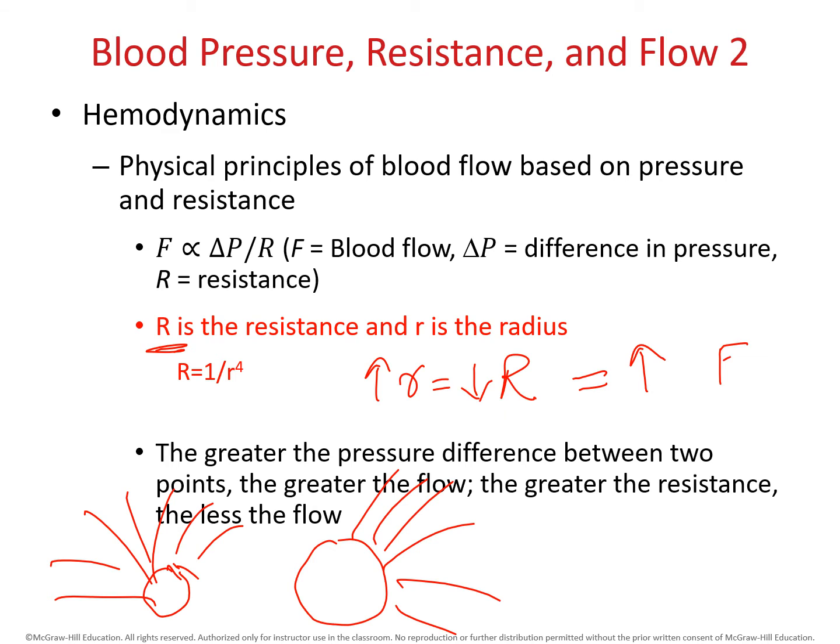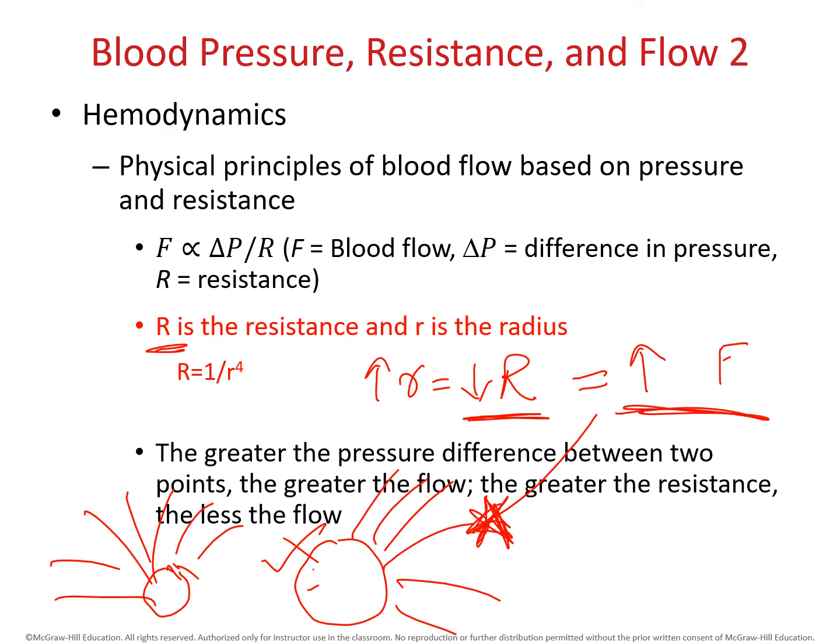And this is the same thing that we talked about right over here. You increase the radius, and then you decrease the resistance of flow. Of course, when you increase the radius, more blood can pass through, so you increase the blood flow.